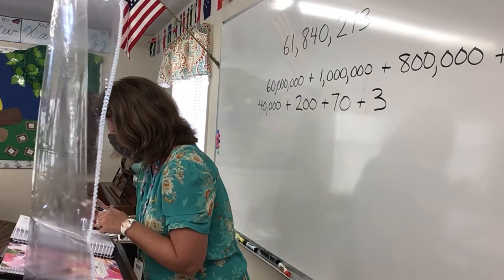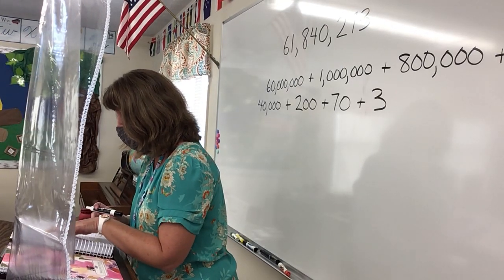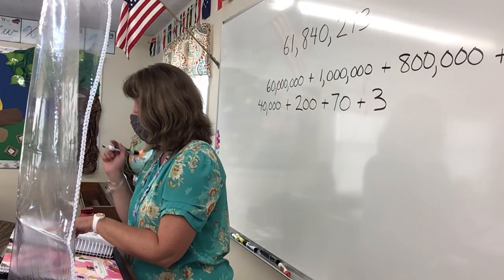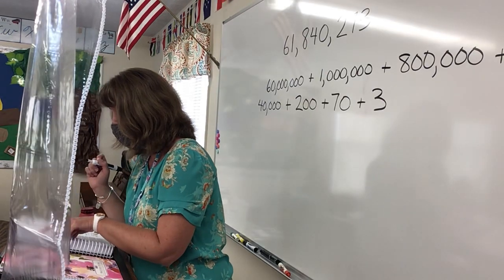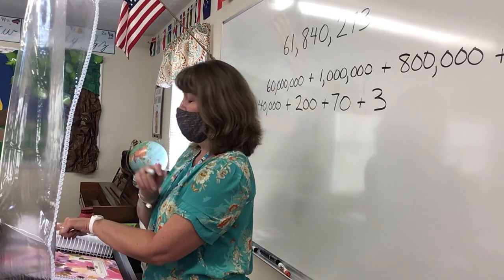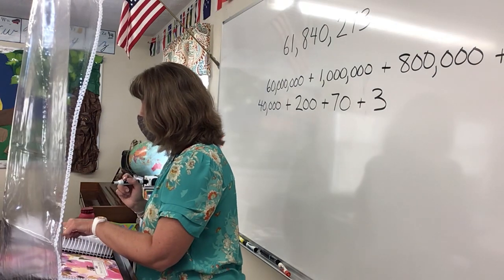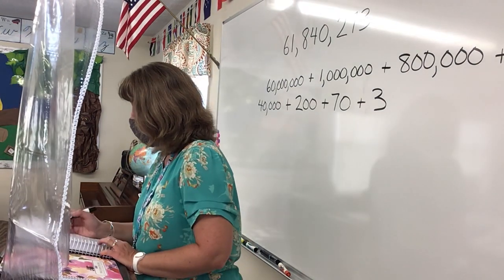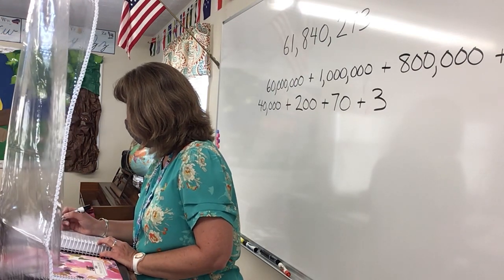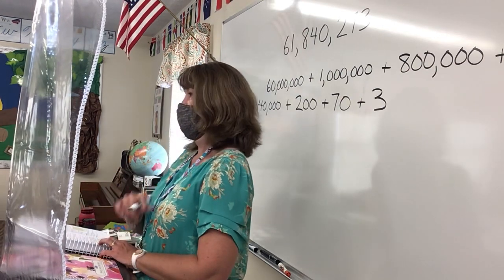All right, numbers 3 through 6. Let's match the standard form to either the word form or the expanded. So let's raise our hands for this. Number 3, what letter are we going to write in the blank that matches with that number? Lucy? D. Correct. Letter D, because we have 400 million plus 9 million plus 500,000 plus 10,000 plus 2,000 plus 600 plus 60 plus 5.